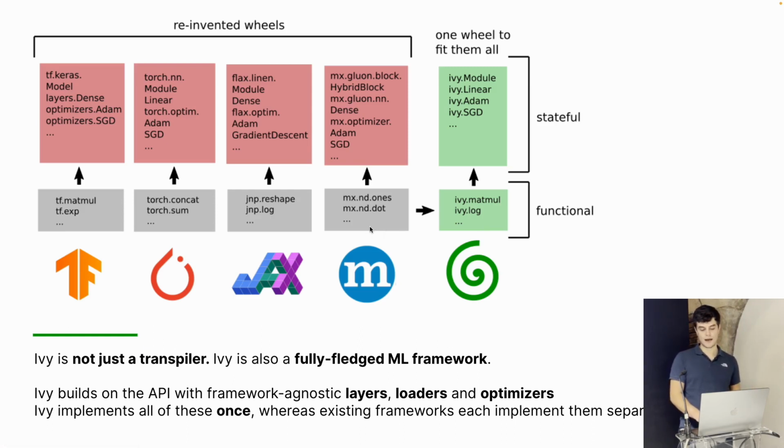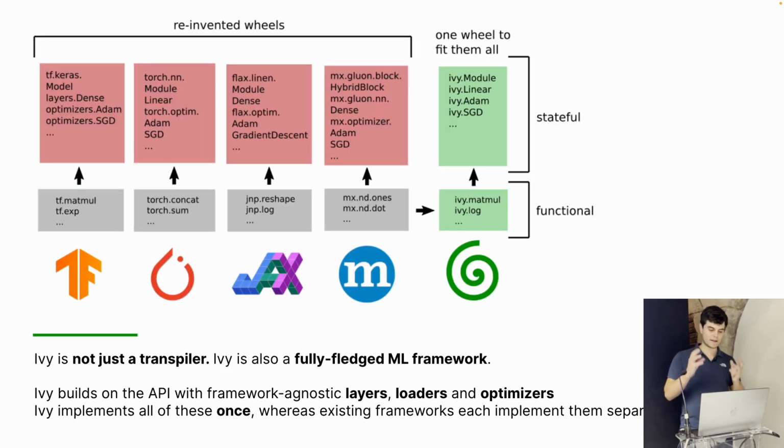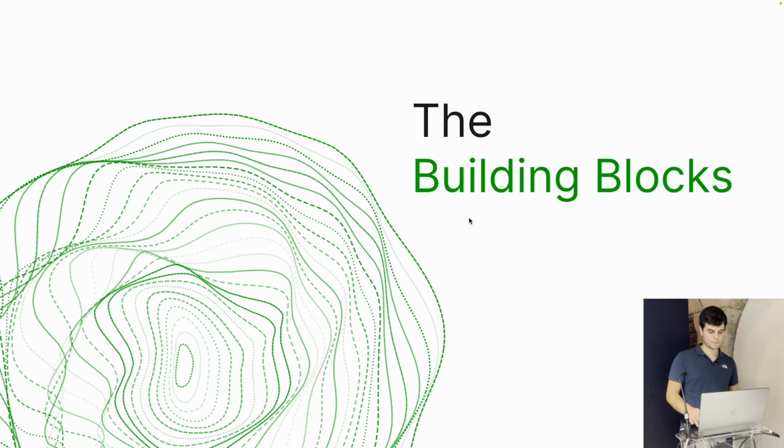So we don't wrap the high-level APIs, we see these as reinvented wheels, and we discard these. This gives us much more scalability, because the functional APIs of the frameworks are incredibly forward and backwards compatible. They have a lot of stability, and therefore things don't change much over time, which makes it a very good representation to build around.